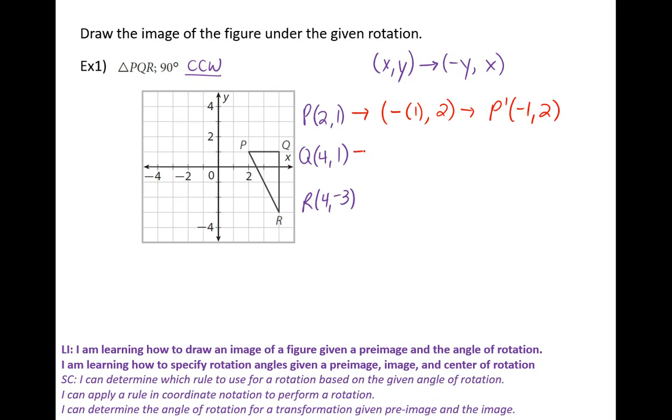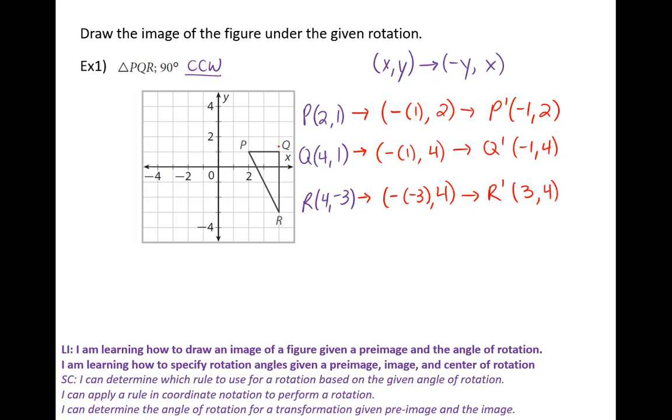Then, if I do Q, again the rule tells me to do negative and the y value, and then the x value. And so I get Q prime at negative 1, 4. Finally, one more time with the rule, I take a negative and the y value, and then I copy down the x value. When I do that, I get R prime: a negative means I really have positive 3, and then I have my 4.